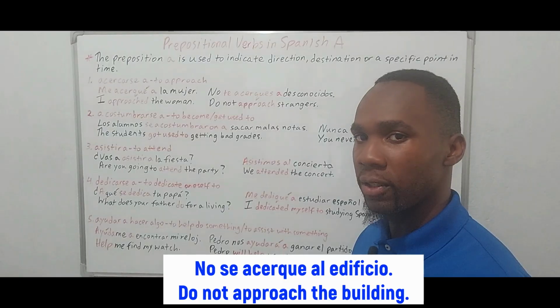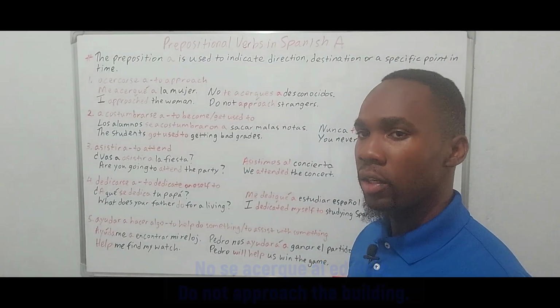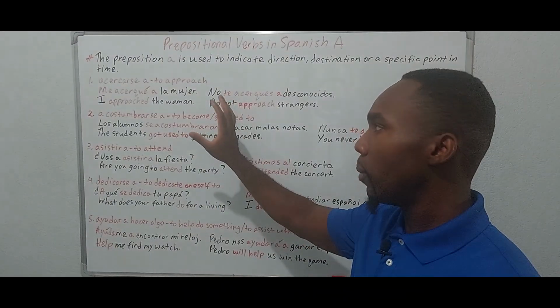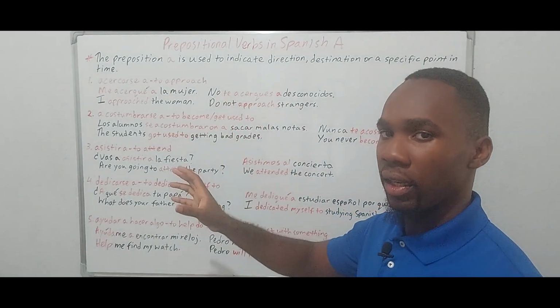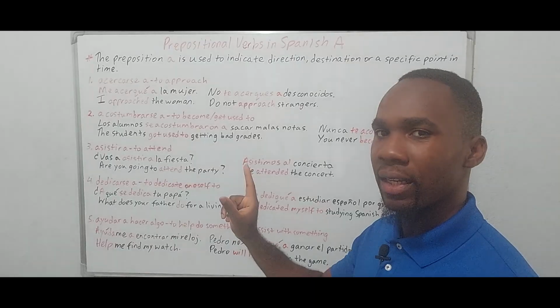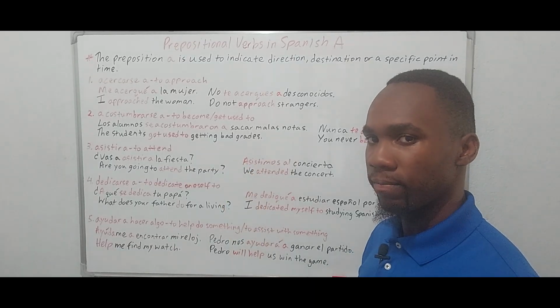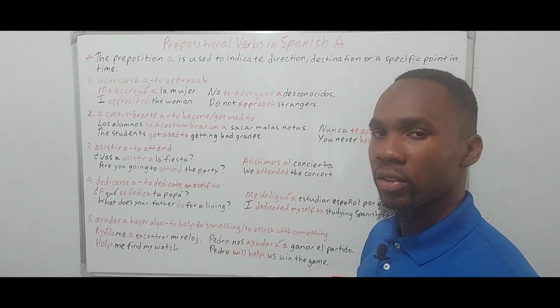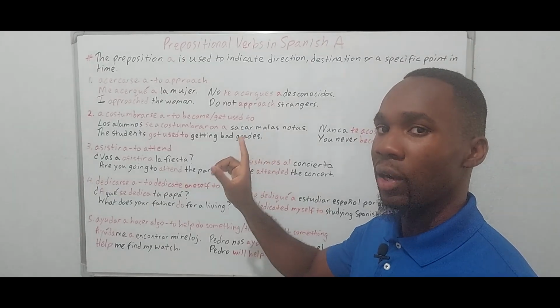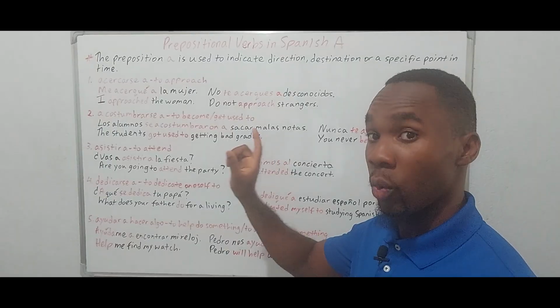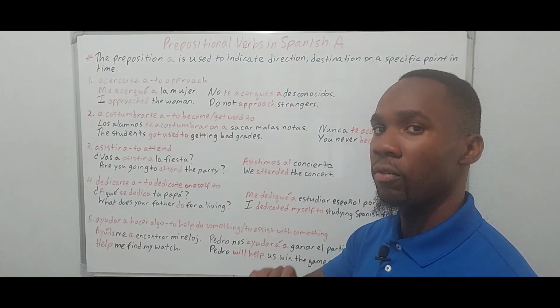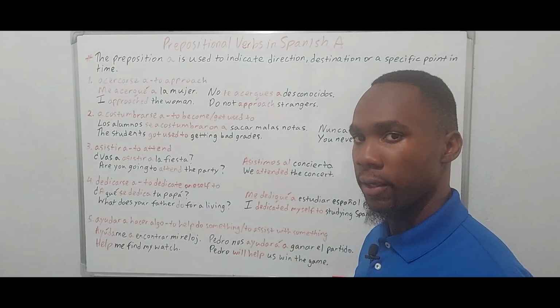Do not approach the building. Okay? So, the object can be a person or a thing. Just remember that. But the a is essential. So don't confuse the personal a with this. This requires the a regardless of the object.